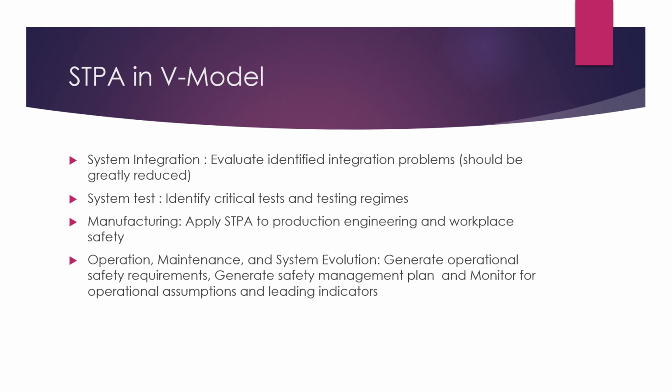The next thing is system integration. We have already completed design and development, and now we have to come to the system integration. Here, identified integration problems should be greatly reduced.